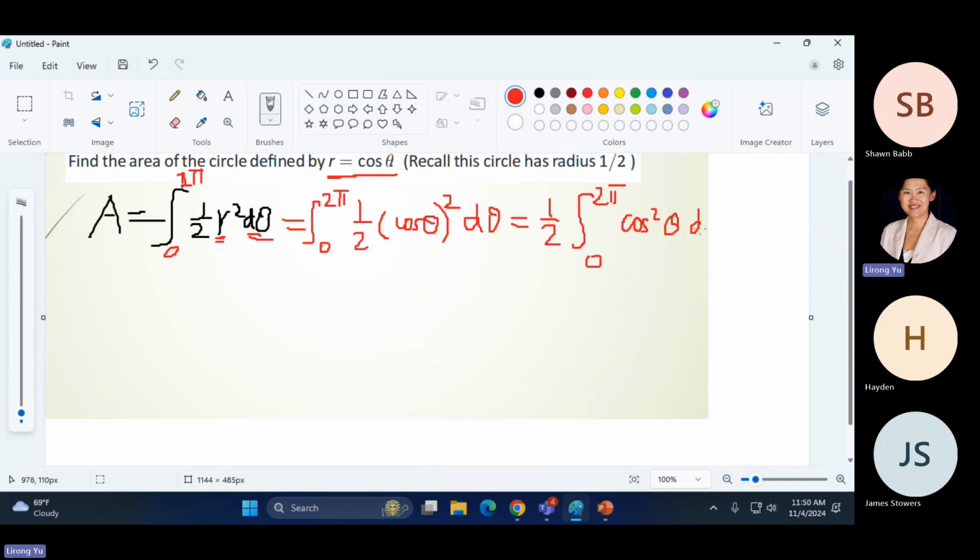Do you still remember how we integrate cosine squared theta? What was the antiderivative? Do you remember how we integrate cosine to the power 1? Which is sine, right?